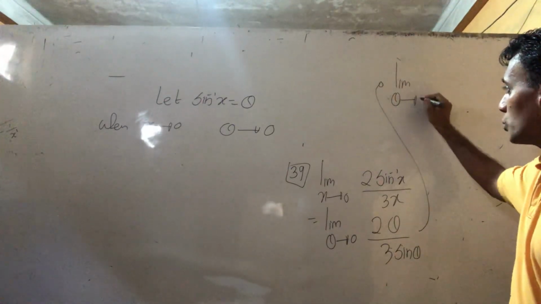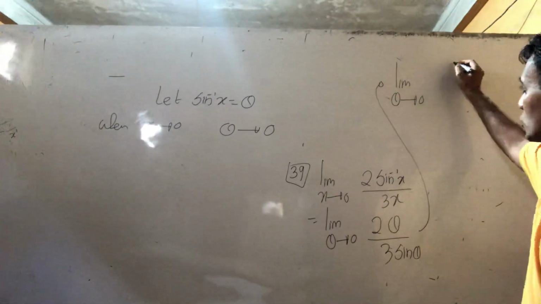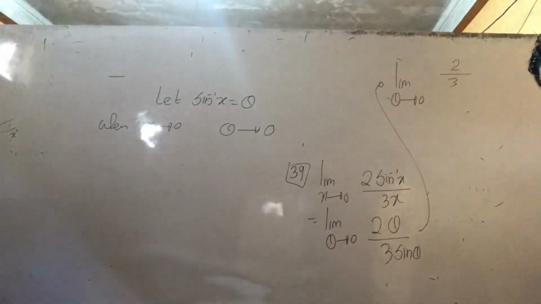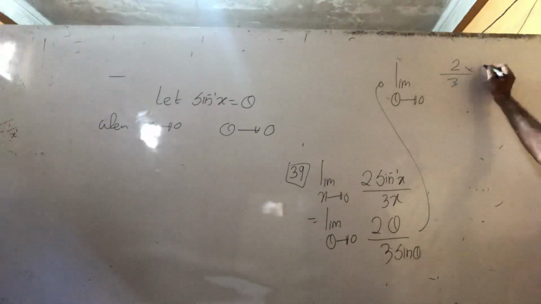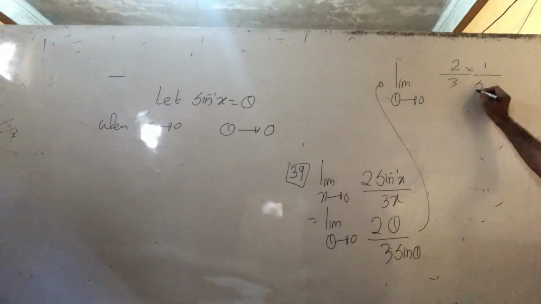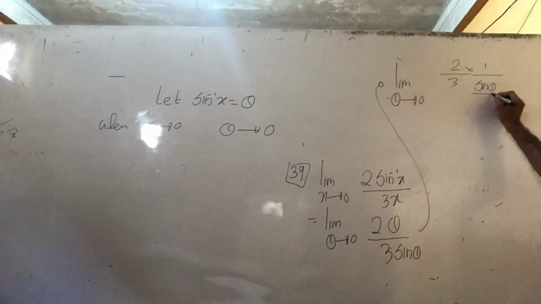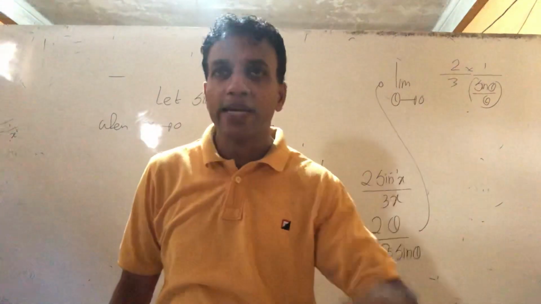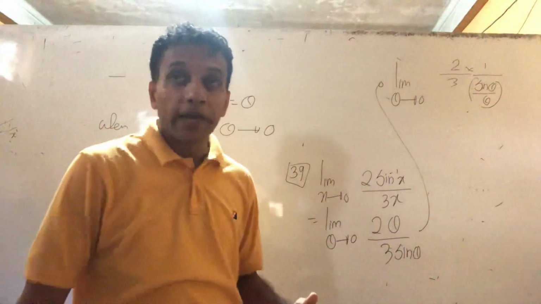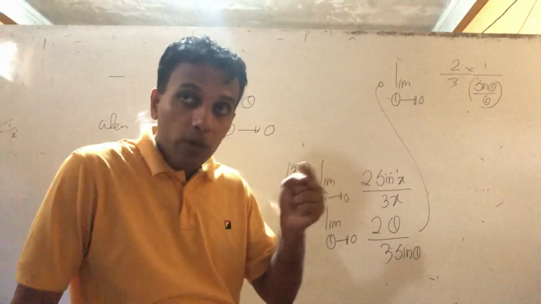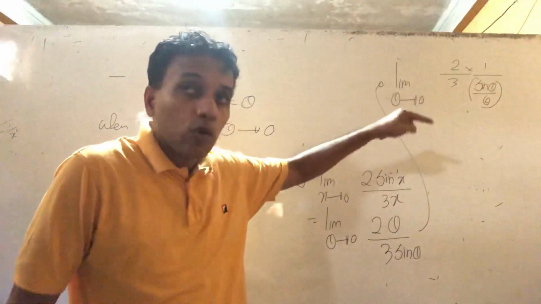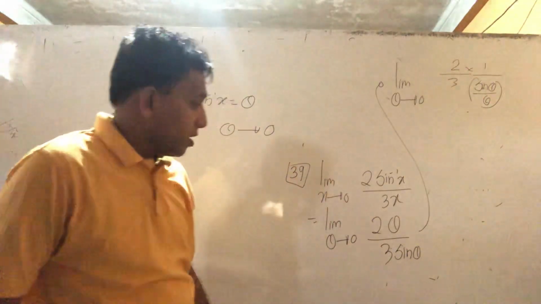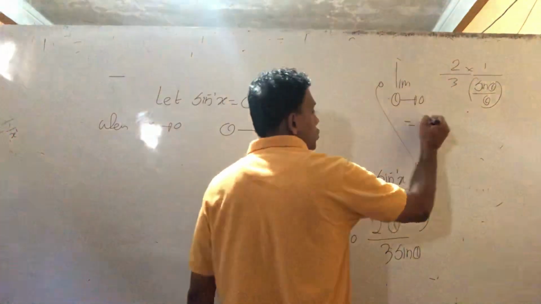I can show this as the standard form, 1 over sine theta over theta. Both are the same, no problem, but the actual method is sine theta over theta approaching 1 as theta becomes 0. Therefore the answer is 1/3.